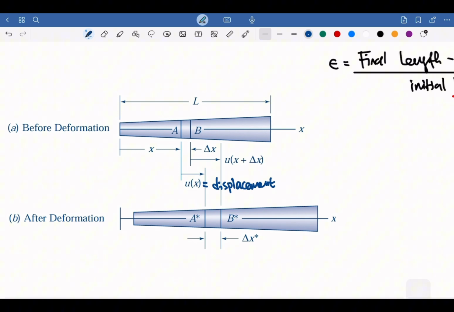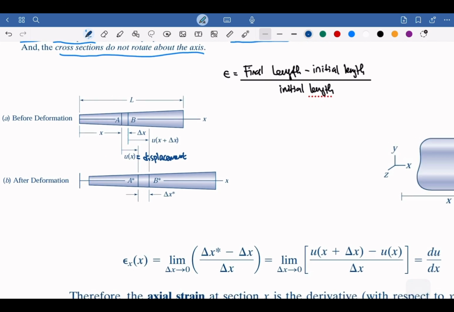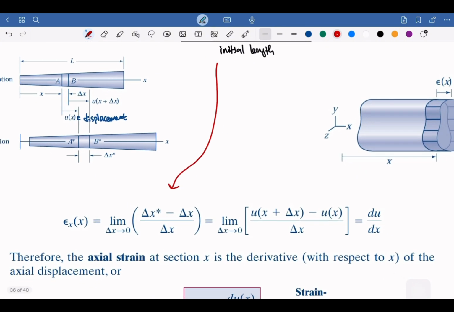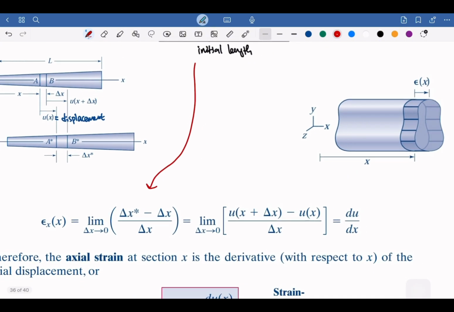Now the first thing is, by taking the strain formulations, using the limit in this x-axis, we take changes in terms of ux and delta x. So delta x will be the changes in the axis, and ux is the displacement.